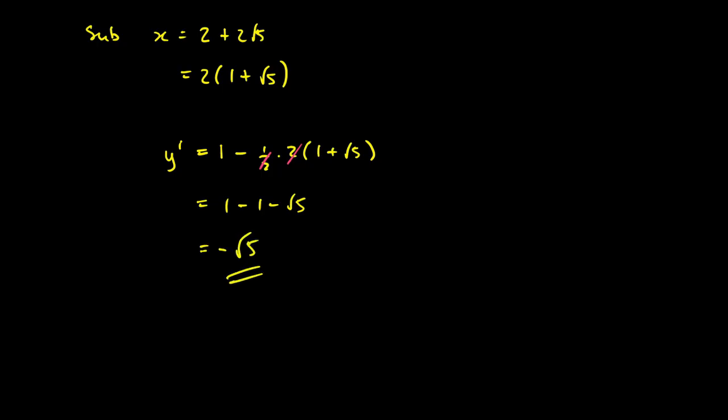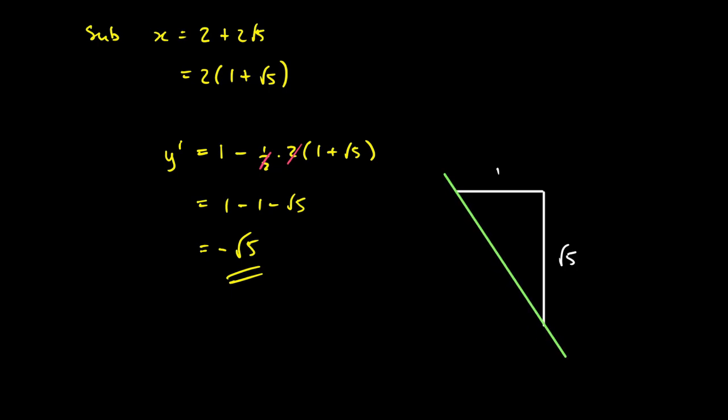Okay, now this is probably where you're going to get a little bit stuck. You want to just try to think about what the gradient here means, right? What does gradient mean? Well, we can draw a triangle to represent it. So if this is a length of 1 and this is a length of root 5, so this here is 1 and this here is root 5, so this was like our tangent line there.